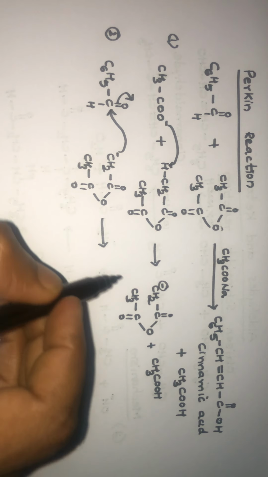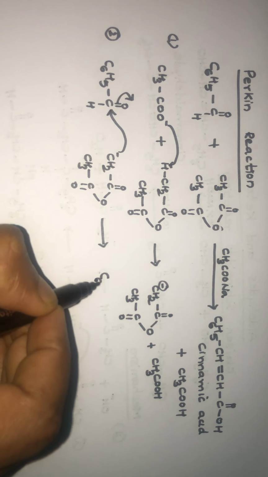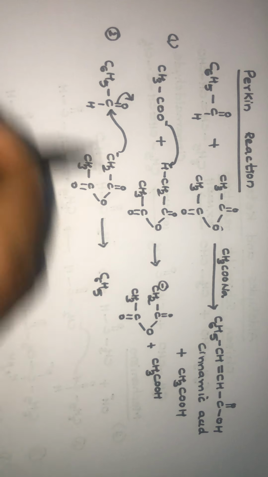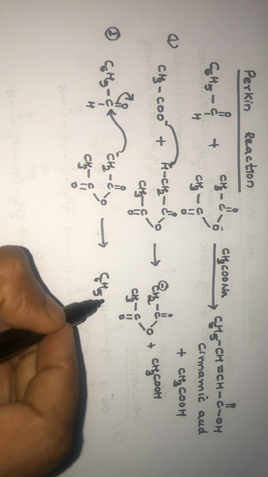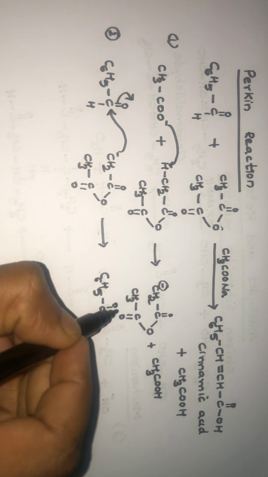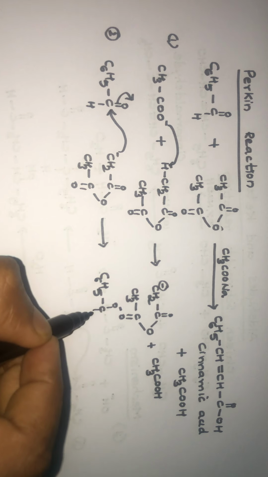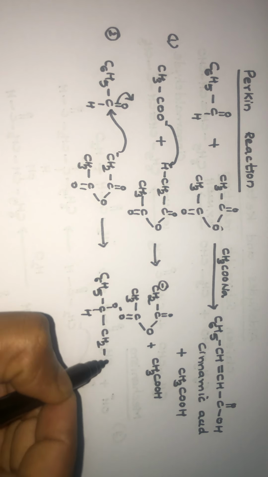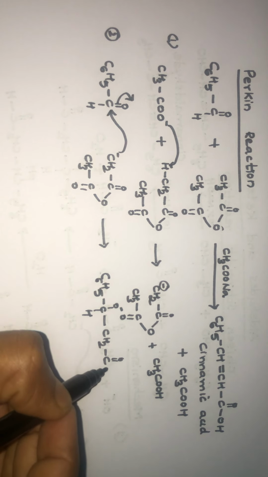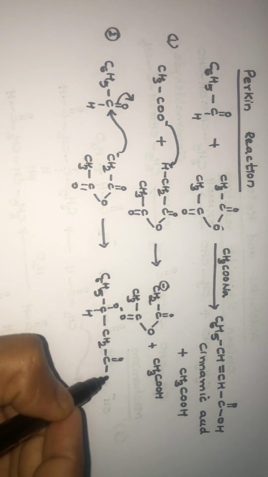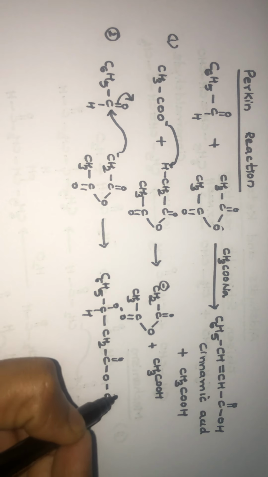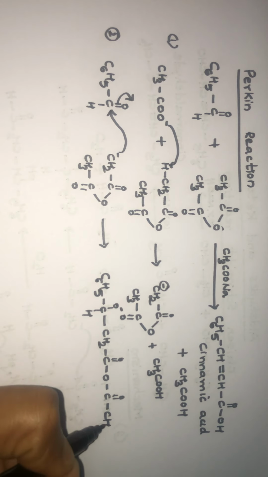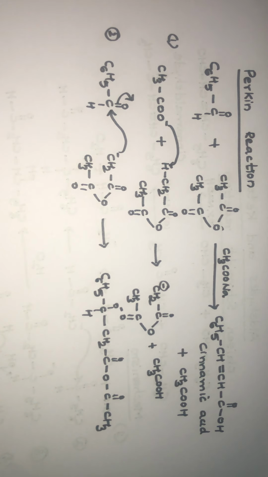You get this intermediate here: C6H5, C with O minus and the H, then CH2, C double bond O, O, C double bond O, CH3. This is what you have obtained.